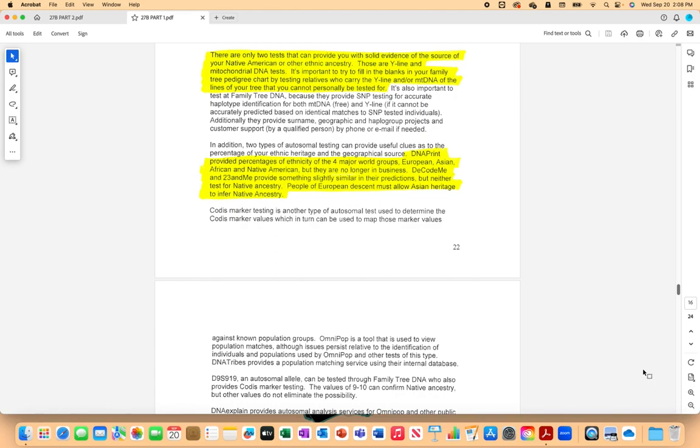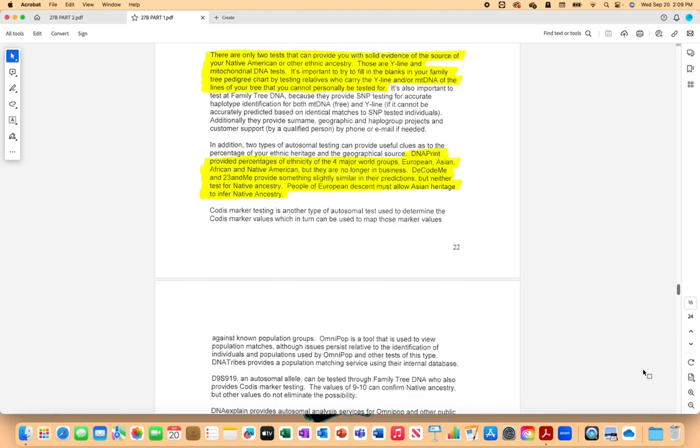DNA print provided percentages of ethnicity of the four major world groups: European, Asian, African, and Native American. Again, dodge this hijack. At one point in history, they divided the world in four quadrants, and it was Europe, Asia, Africa, and America, not Native American.